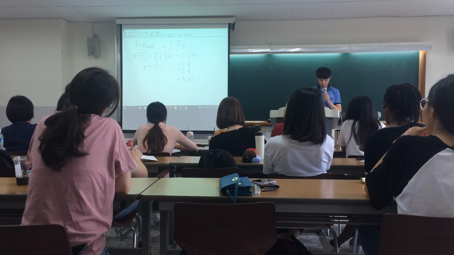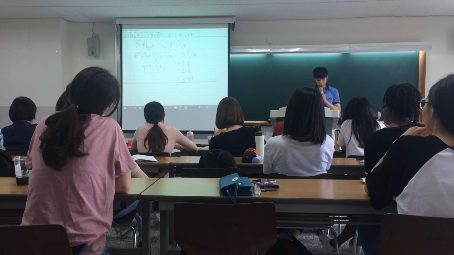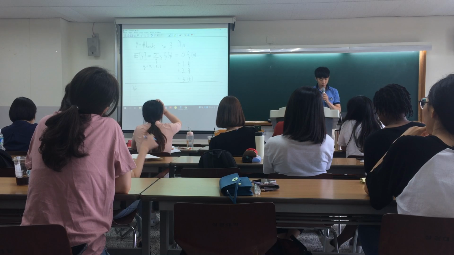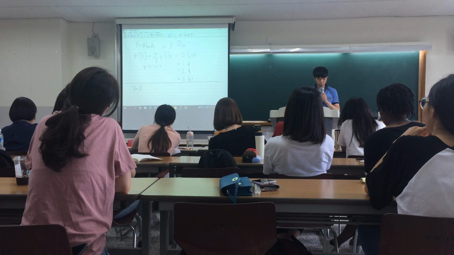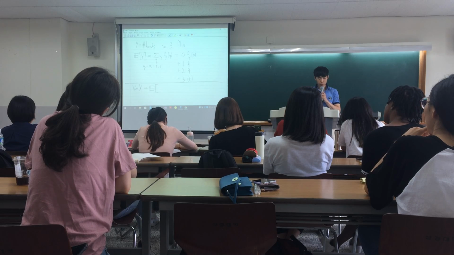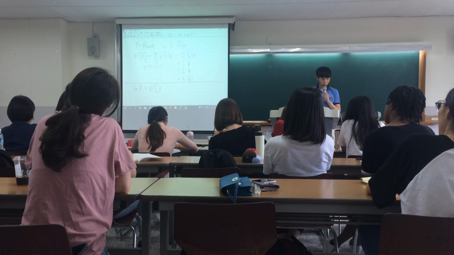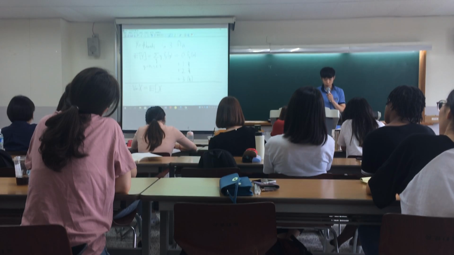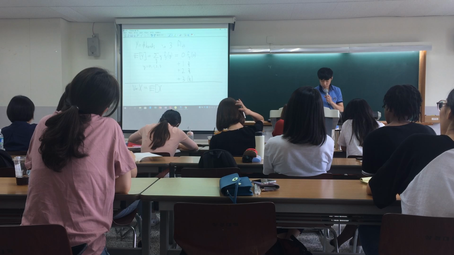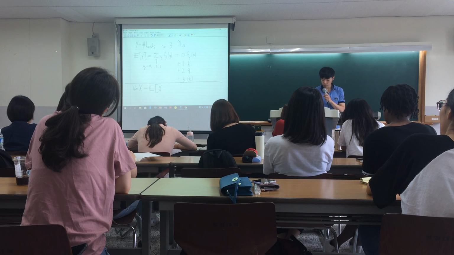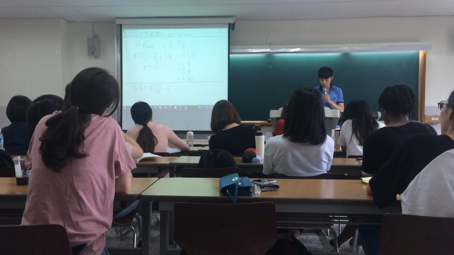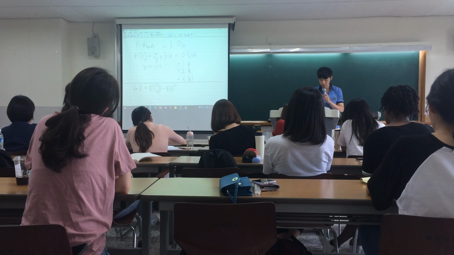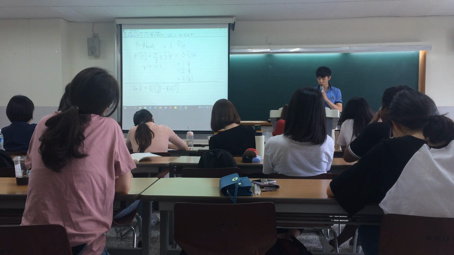After talking about expected value, usually you learn about variance. So this is how variance of a random variable is defined. It's the expected value of the random variable minus its expectation, squared.